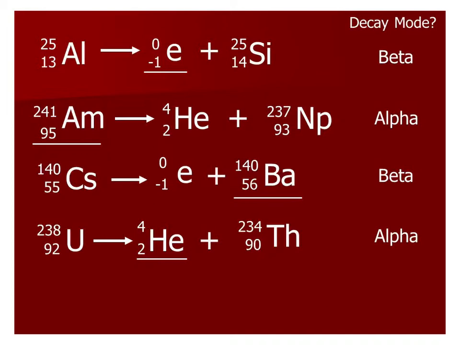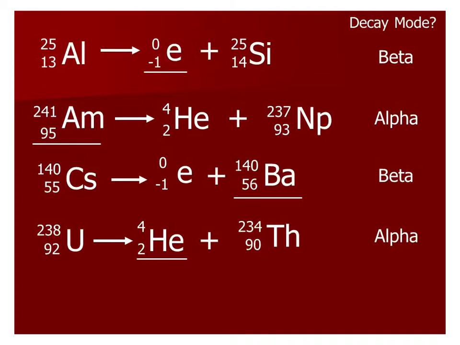And what's going to happen here is aluminum 25 is going to undergo some radioactive decay by losing an electron and converting one of its neutrons into a proton to give me silicon 25. And by silicon 25, we already know we have 14 protons. So one of the neutrons here is getting converted to a proton with the loss of the electron. So that's our beta decay mode.